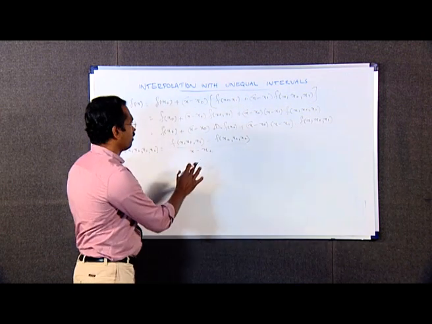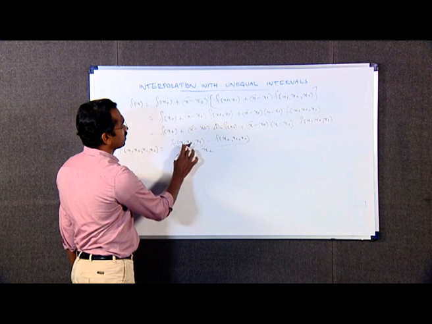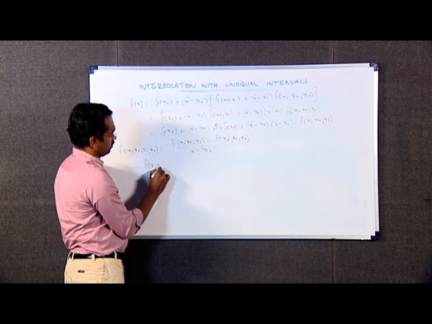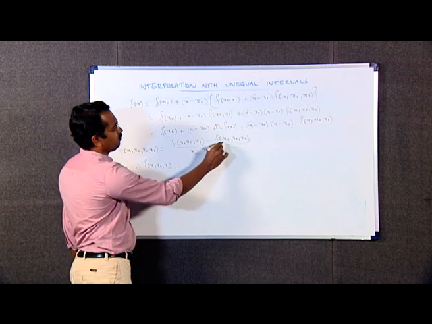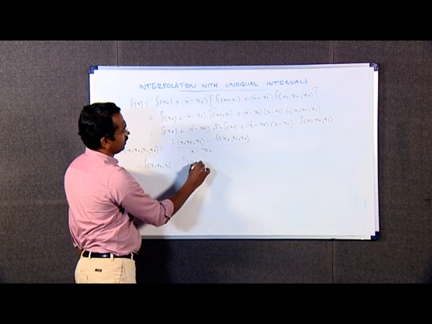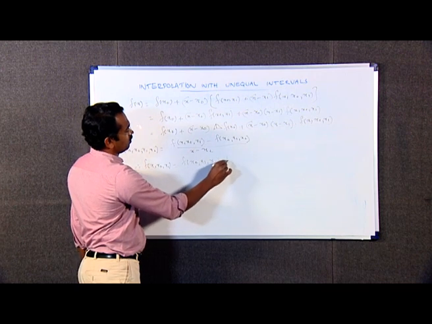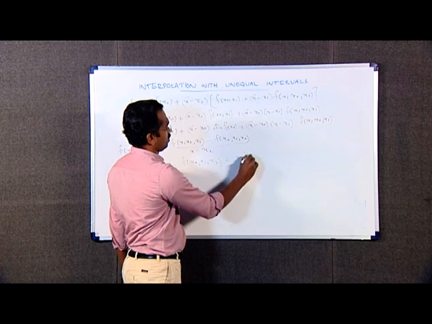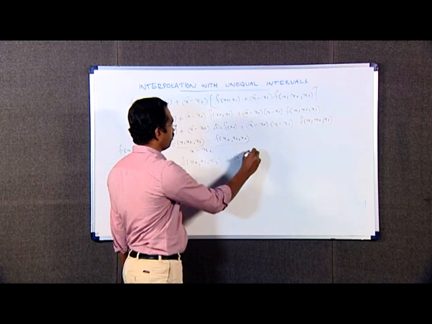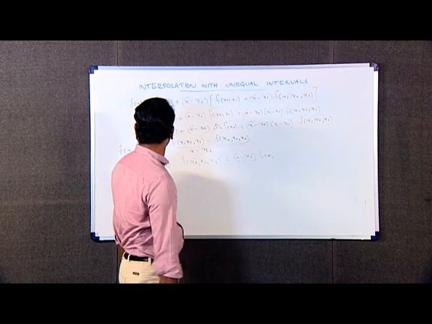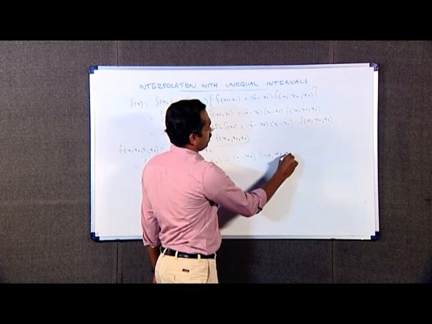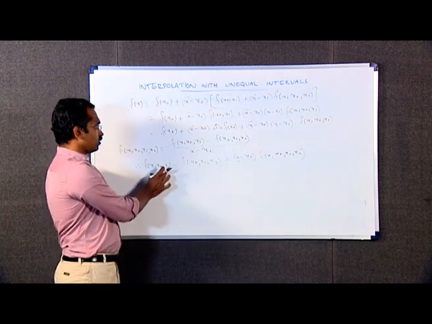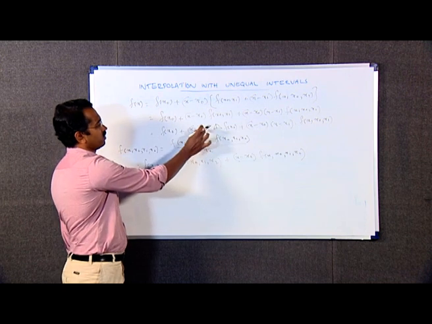Therefore, from this we can write f(x, x0, x1) as f(x0, x1, x2) plus (x minus x2) into f(x, x0, x1, x2). We use this expression in this.